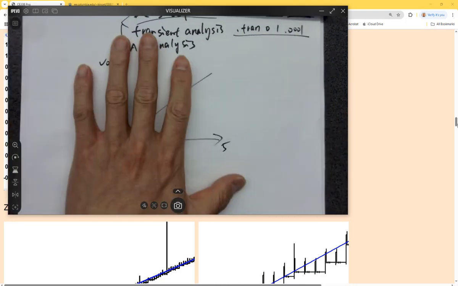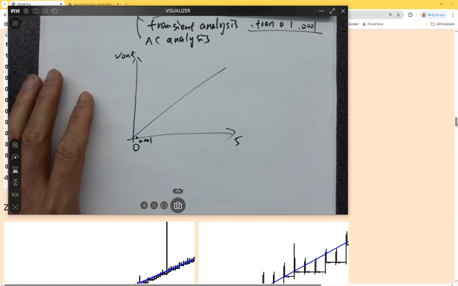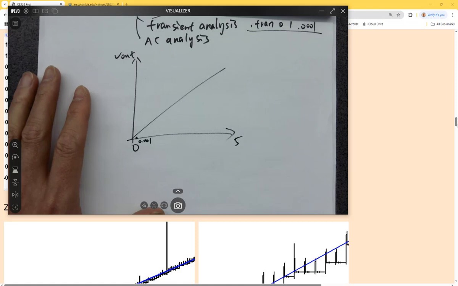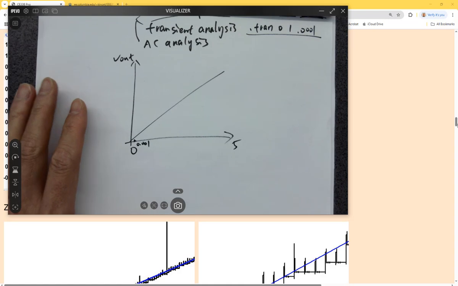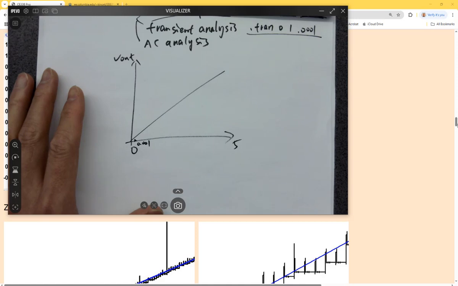So DC sweep sounds like it's going to work because I'm providing different DC voltages to the input and trying to get an output. Actually, it won't work. It will work in the real world when you are having different analog voltages being put into the ADC at different time points.